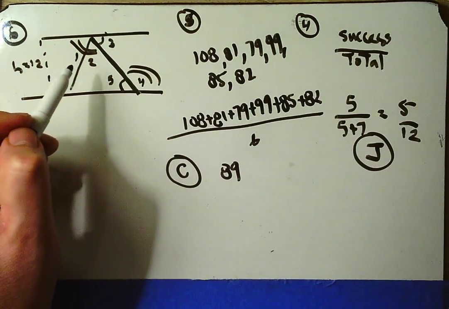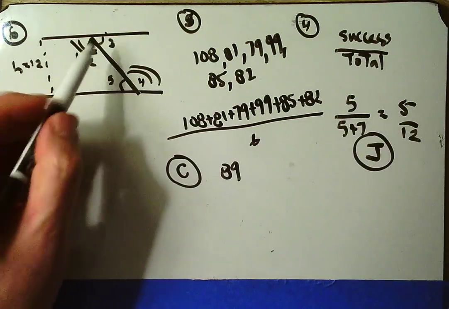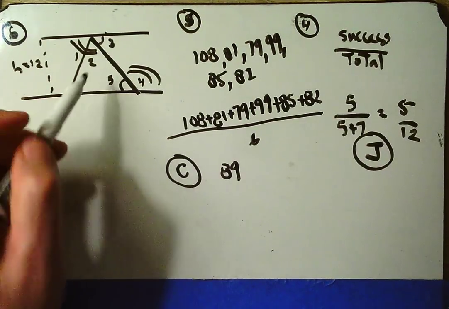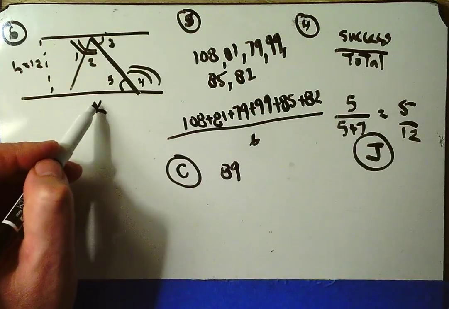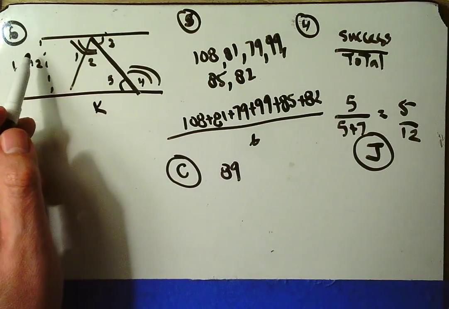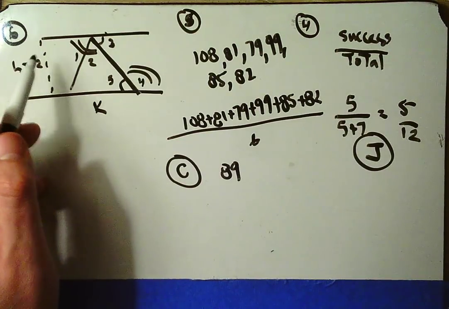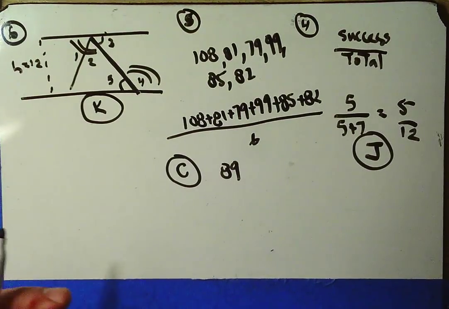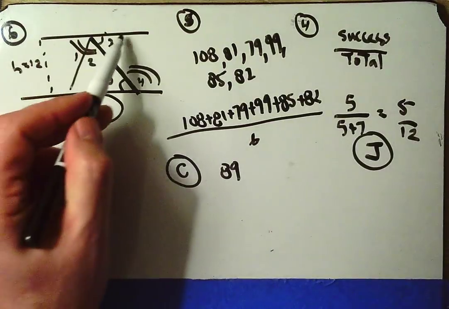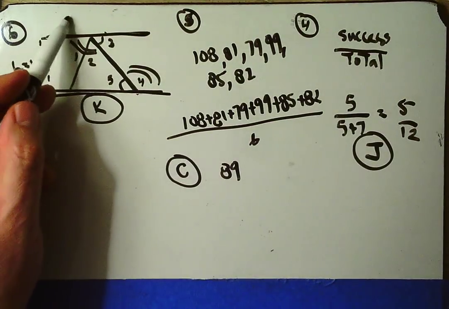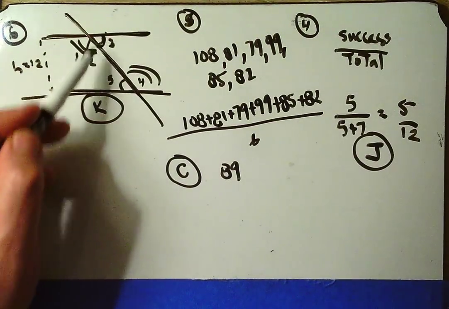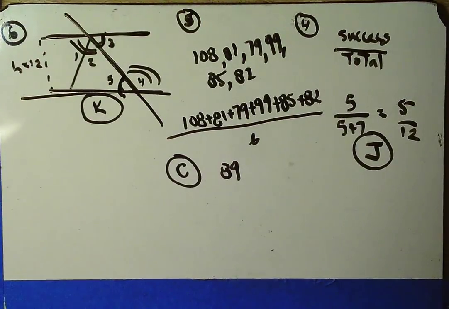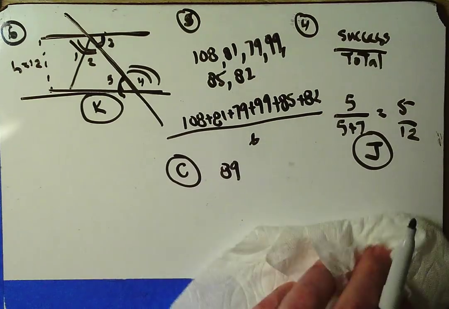All right, which must be congruent? Oh, well, 3 and 5 must be congruent, and that was K. What was the point about knowing H equals 12? Nothing. Okay, I'm glad I studied geometry. I know alternate interior angles. Parallel lines cut by a transversal, alternate interior angles are congruent. So choice K, 3 and 5 must be congruent.